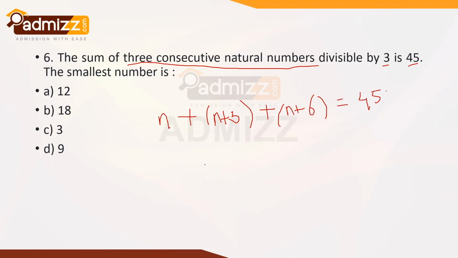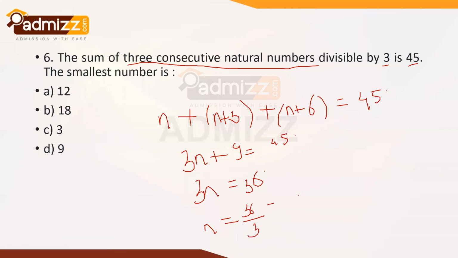So this comes out as 3n plus 9 equals 45, and this is 3n equals 36. So n at the end comes out as 36 over 3, which is equal to 12. So this is the correct answer, option number A.